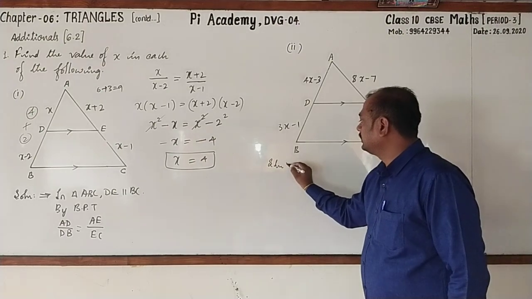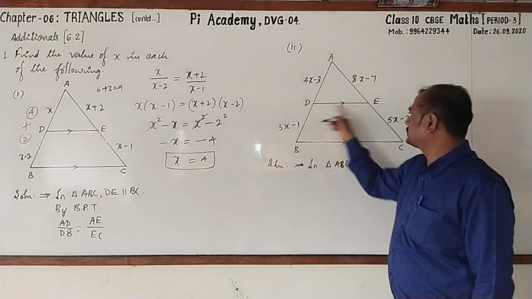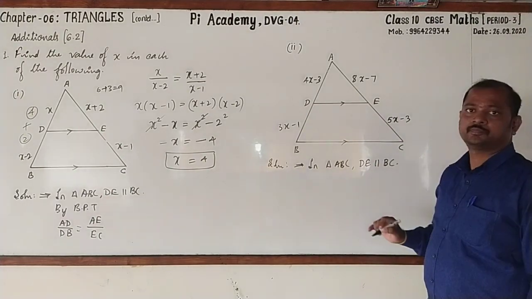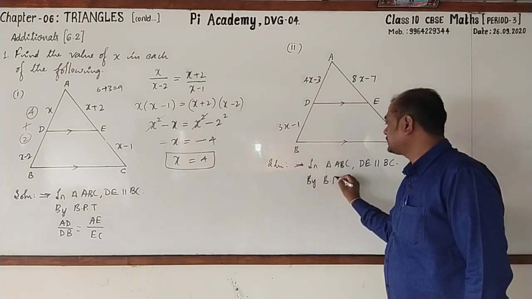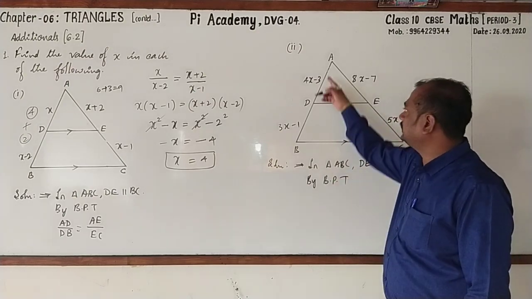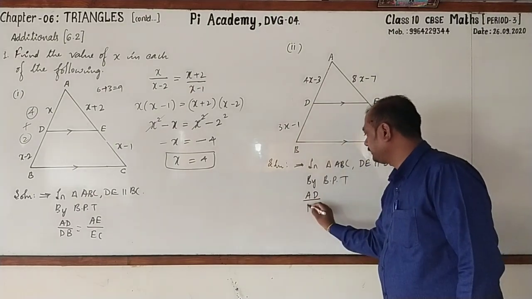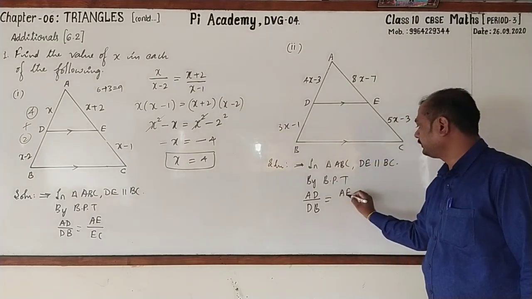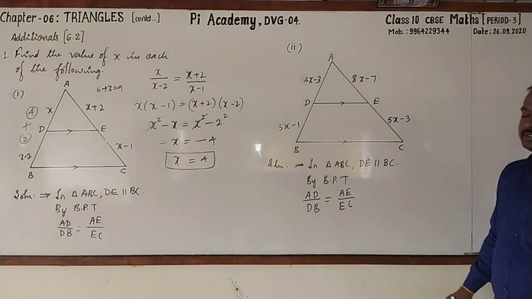Here also they have given the triangle ABC, in which DE is parallel to BC. Hence we can apply the basic proportionality theorem. How do you write? It is AD by DB is equal to AE by EC.